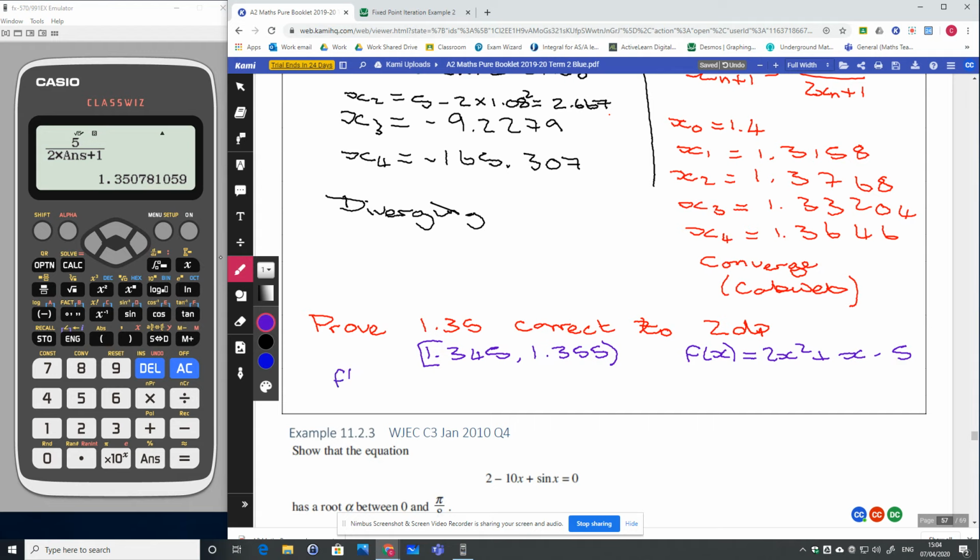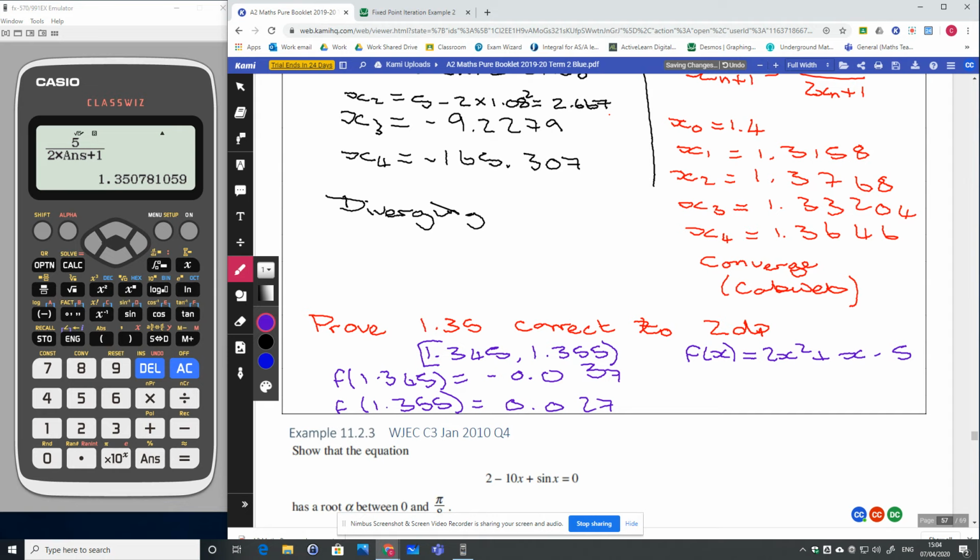So you are doing f of 1.345 and f of 1.355. Okay, so 1.345 gives me minus 0.037, and that one gives me a positive.